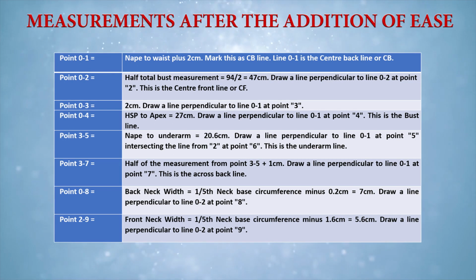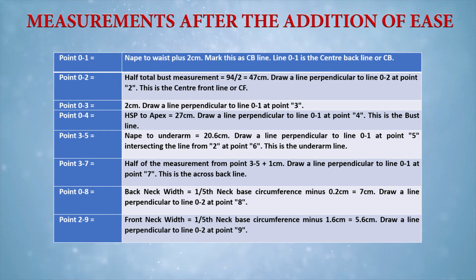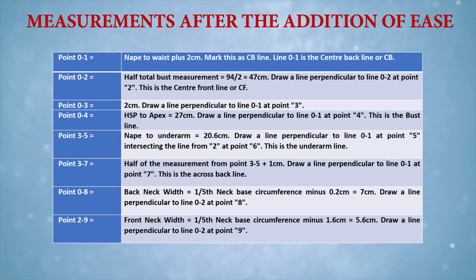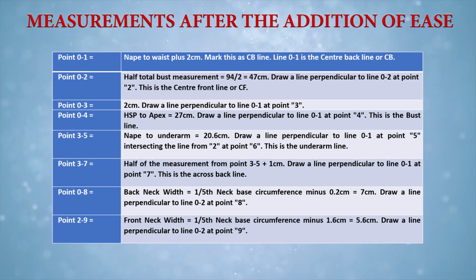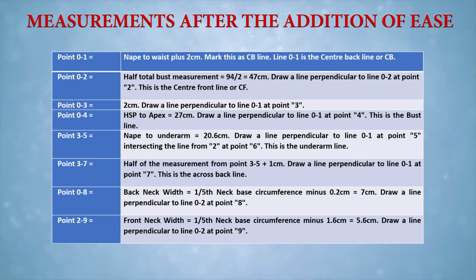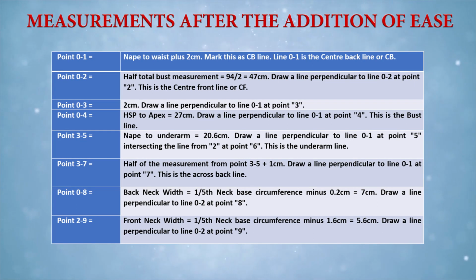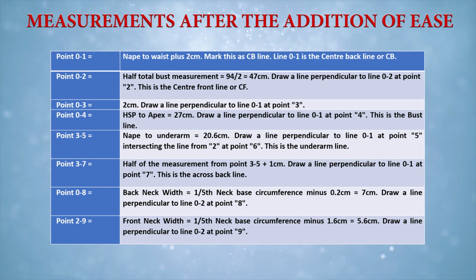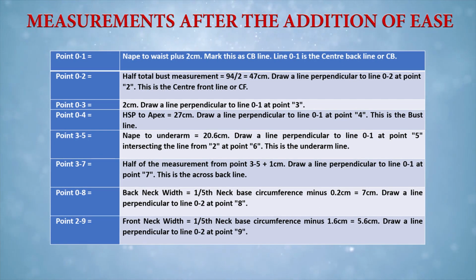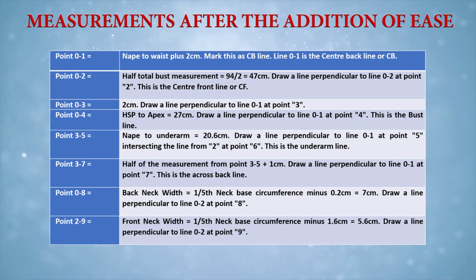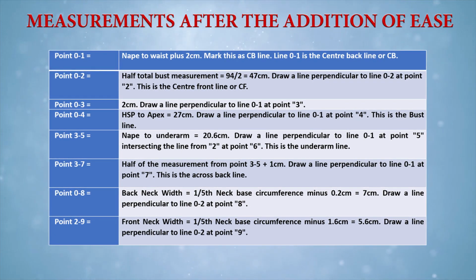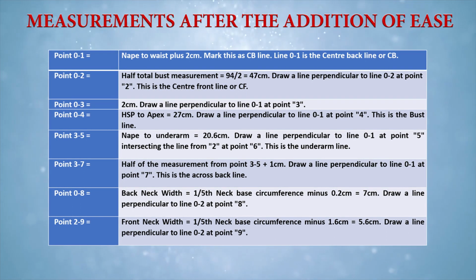Mark this as the central back line, so line 0 to 1 is the central back line or CB. In this manner, if you follow the diagram and the points mentioned in your study material one by one, you will be able to create a pattern very easily, and it explains very easily how we can develop the pattern step by step.